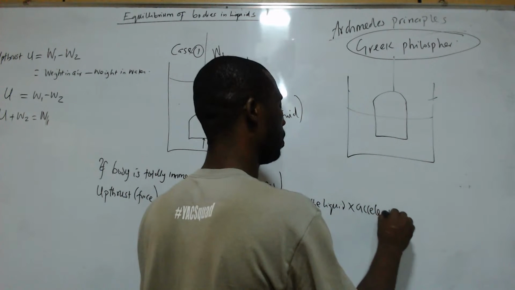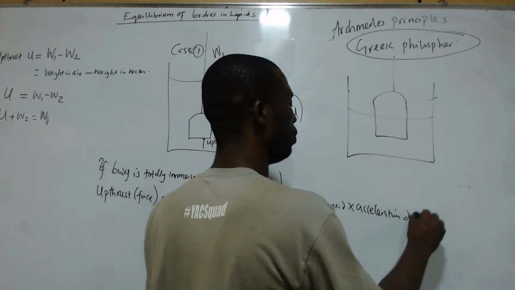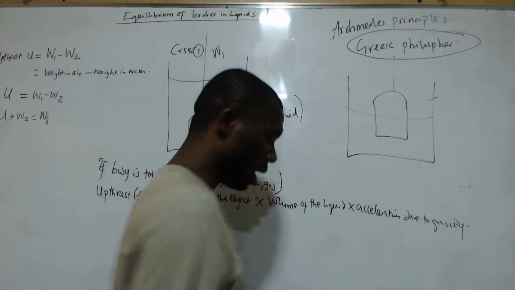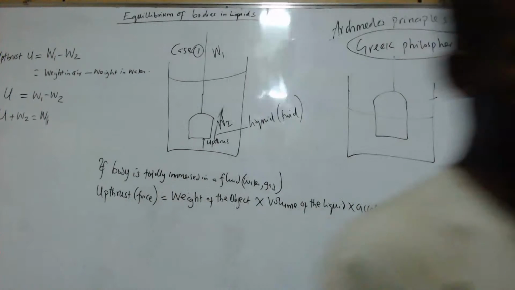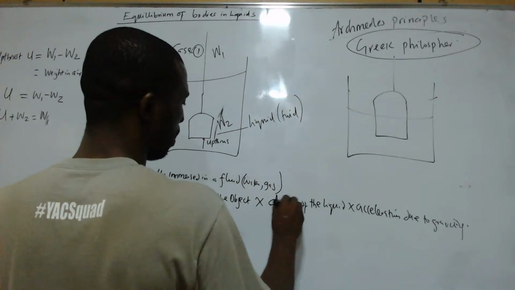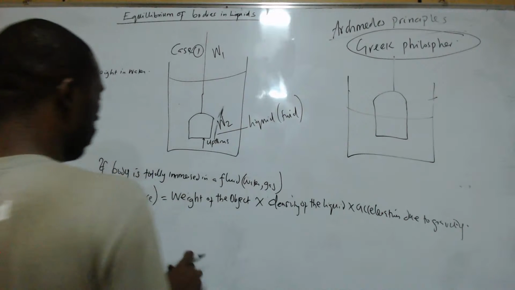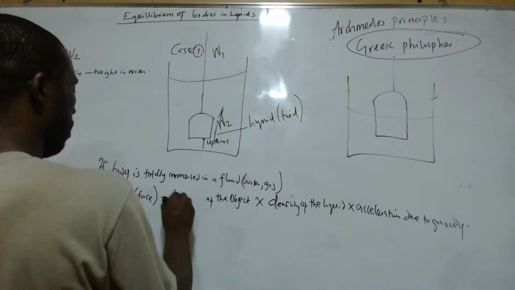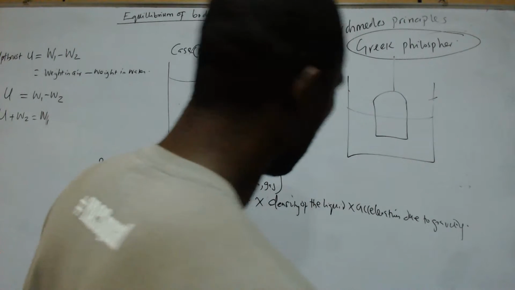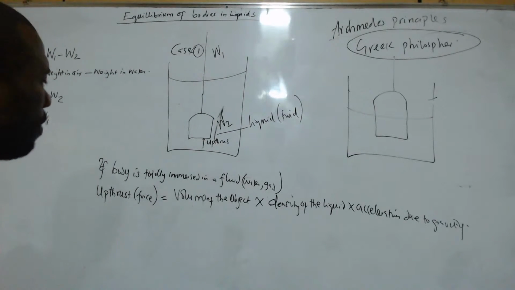So if a body is totally immersed in a fluid, the upthrust is the volume of the object, density of the liquid, and then times acceleration due to gravity.